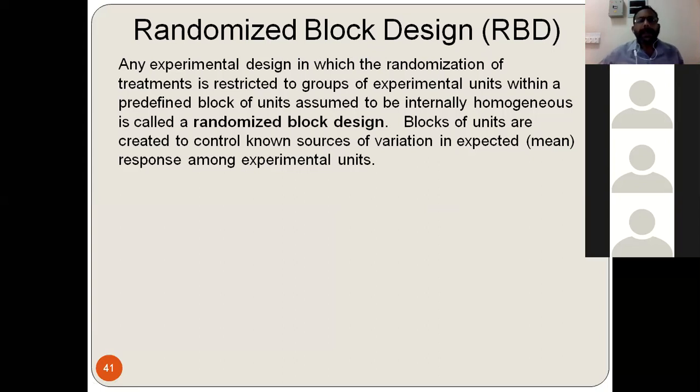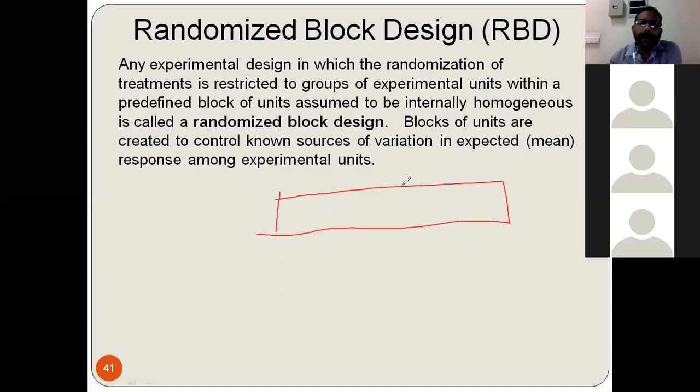So any experimental design in which the randomization of treatment is restricted to groups of experimental units within a predefined block, or units assumed to be internally homogeneous, is called randomized block design. So we can take a small example on land, right?